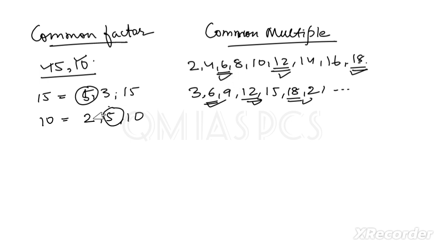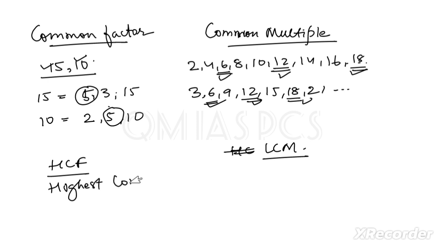Okay, so now if it is asked what is HCF and what is LCM. HCF means highest common factor. In this question there is only one common factor, so we can say that 5 is the HCF.